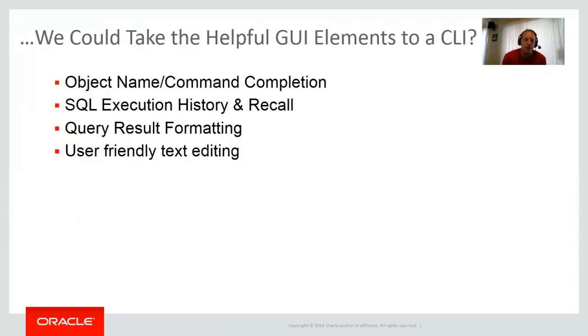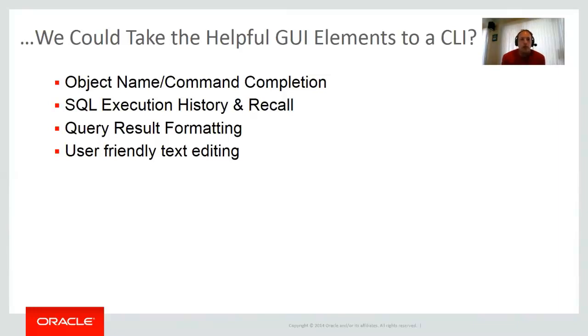So the things that folks told us they really liked, or I've noticed they've really enjoyed in SQL Developer, are things like the code insight, where as you're typing you get suggestions, just like you're in a Linux shell and you hit tab to get file name completion. Folks might like that for their table names or their Oracle commands.